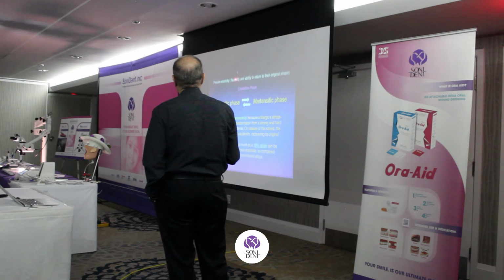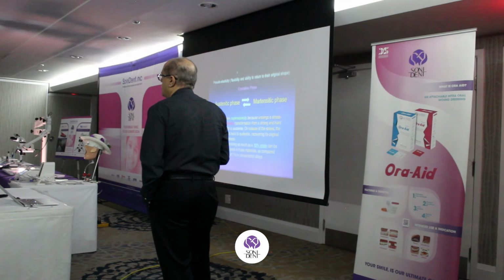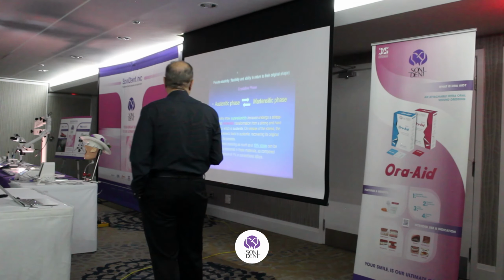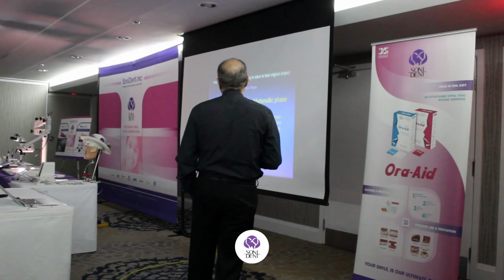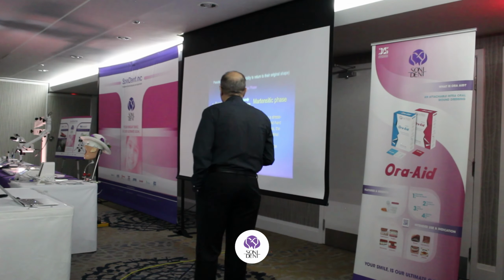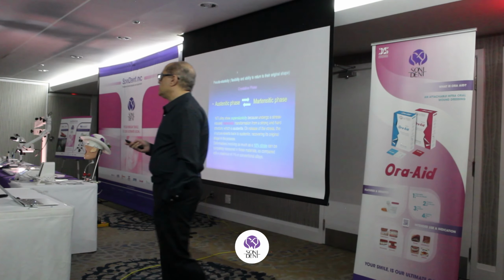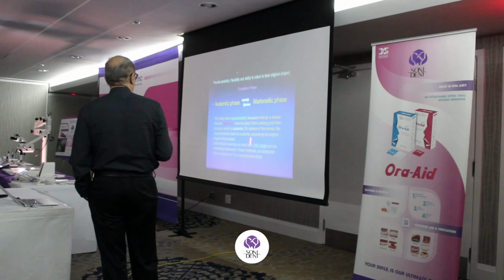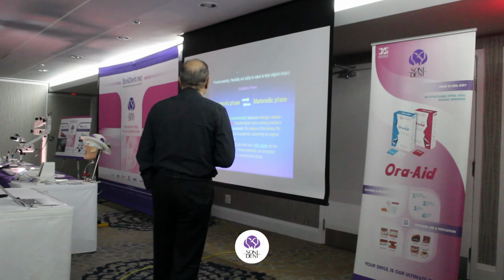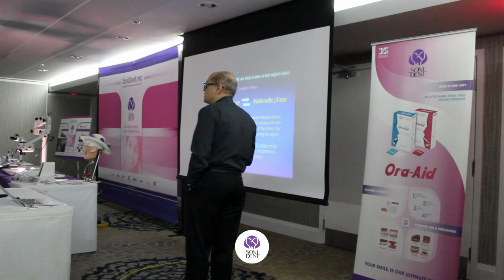It means the flexibility and ability to return to the original shape. But we should know that this kind of deformation for nickel titanium alloy is just 10% strain that can be recovered, compared to stainless steel, which is just 1%.